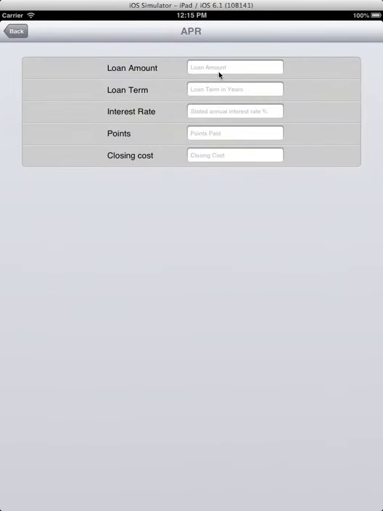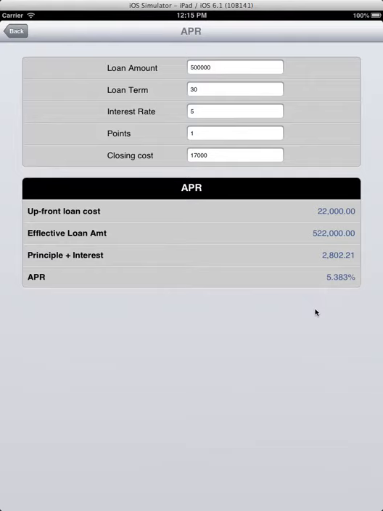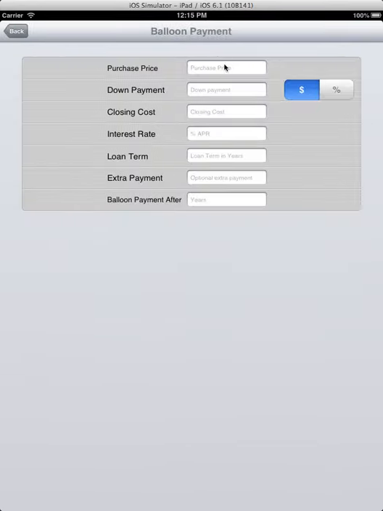Now APR, say loan amount is 500,000, loan term is 30 years, interest rate is 5%, points is 1, closing cost is 17,000. So what is the APR? So this is 5.383. A balloon payment.